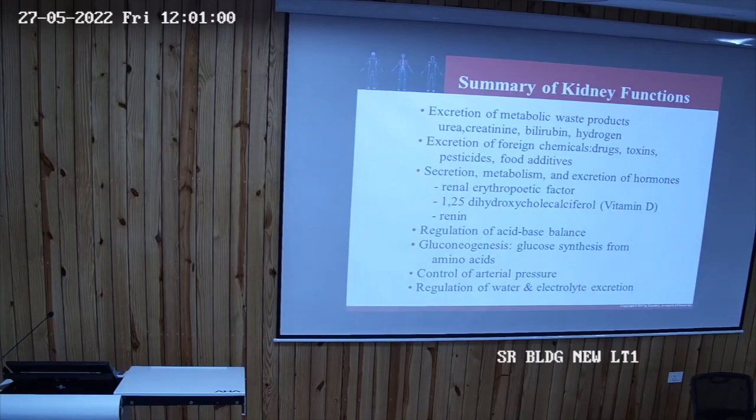So the first function is excretion of waste products: urea, creatinine, bilirubin and hydrogen ion. Now when we are talking of urea, from where is it coming? Non-protein nitrogenous substance. Next comes your creatinine from the muscle metabolism. Then comes bilirubin from the hemoglobin. So you should have the idea of weight of hemoglobin or weight of RBC.